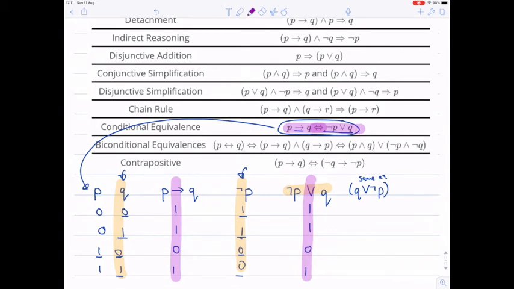The other equivalence that's useful is the biconditional equivalence. This looks like a long thing, so let's just check what we've got here.